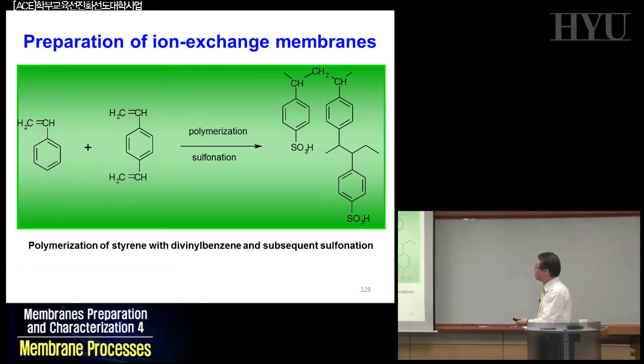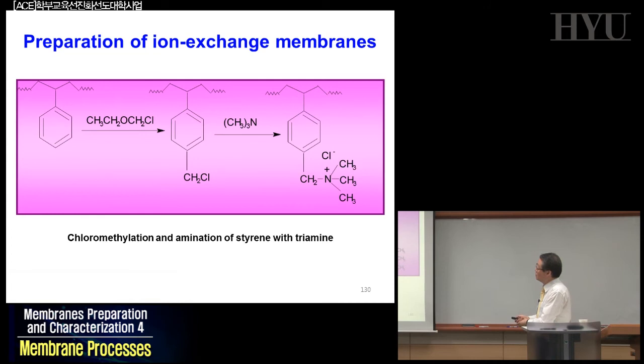Second example is a polystyrene, but instead of just a polystyrenic monomer, you can make the polymerization with the chlorinated material, so that your para position will be substituted with the methyl chloride, and if you make quaternary ammonium salts, then you come up with the quaternary ammonium terminated one as a fixed ion, and chloride will be the counter ion.